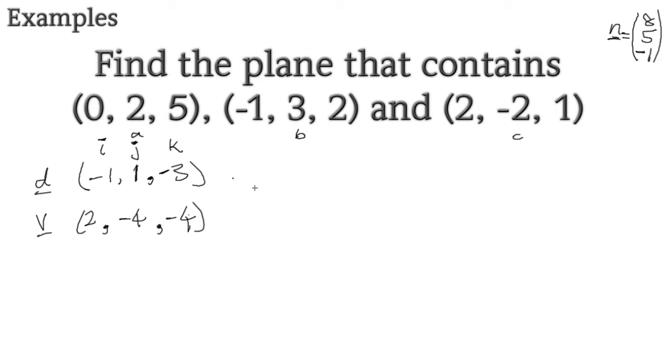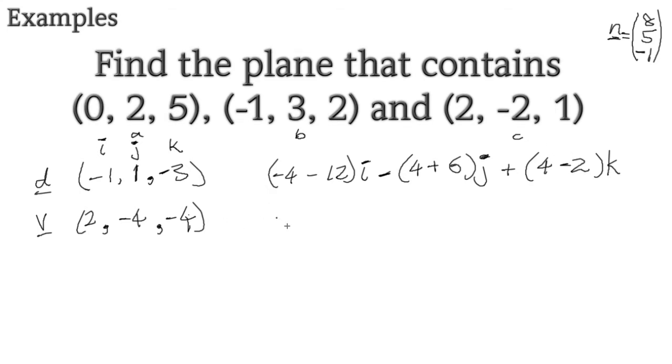But for now, this would be a minus 4 take 12, lots of i, take some lots of j, that j would be a 4 plus 6, then add some k where the something is 4 take 2, and that would give me a normal vector of (-16, -10, 2).